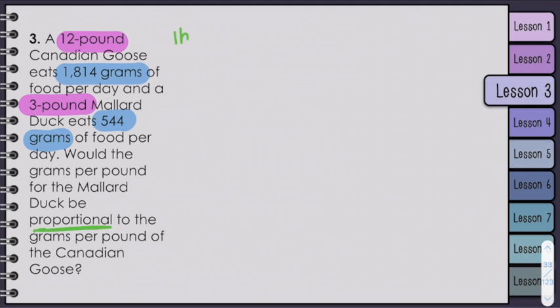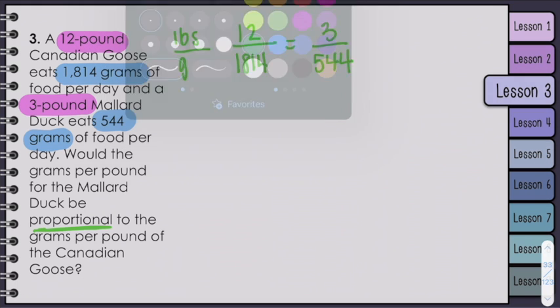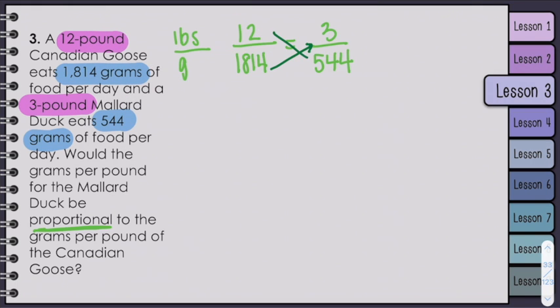So we have pounds and grams of food. Same thing here. So a 12-pound goose can eat 1,814 grams. I'm going to set that equal to my 3-pound duck that eats 544 grams of food. We're going to see if they're proportional.